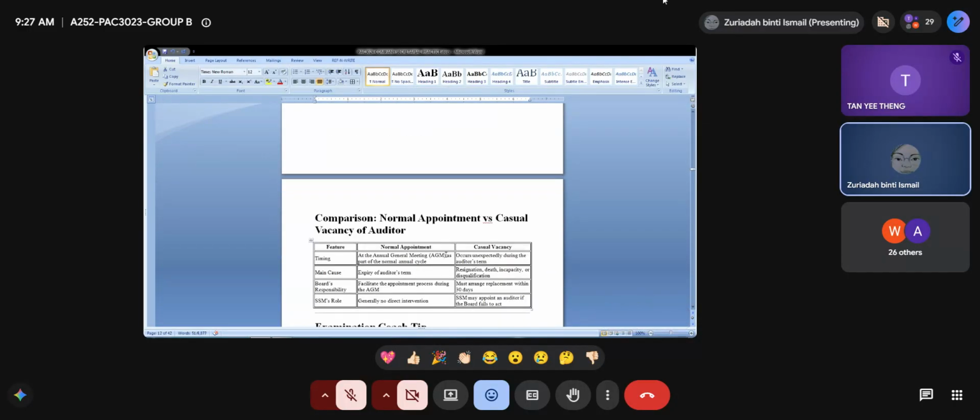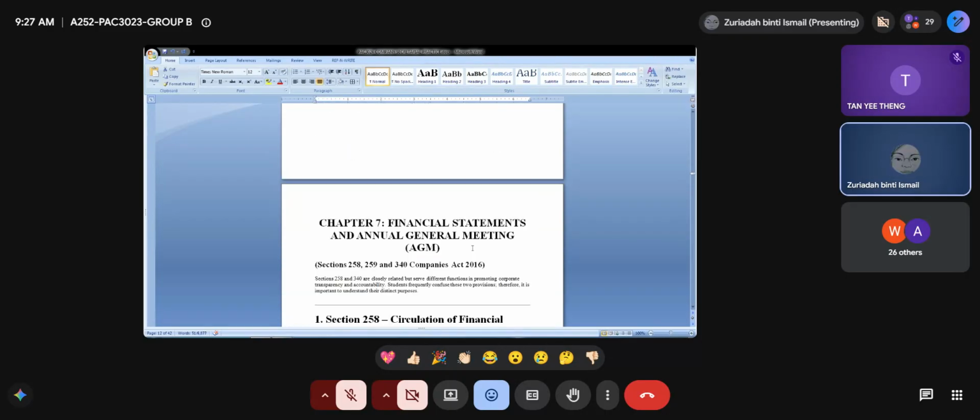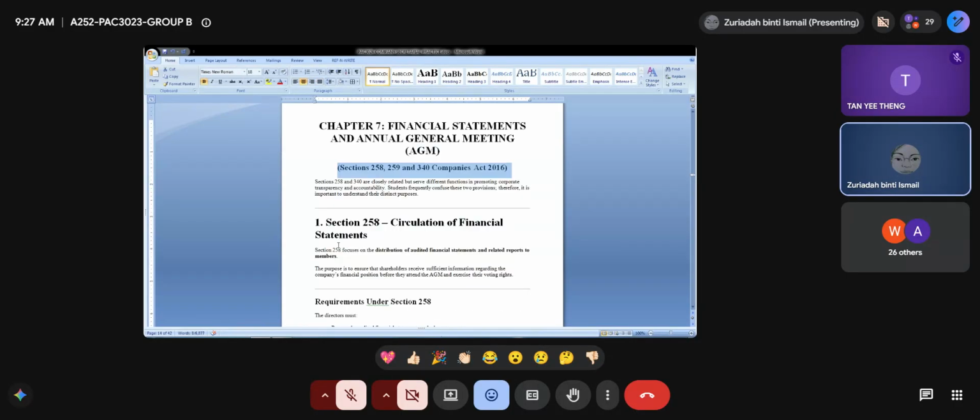Okay, right. This is the comparison between normal appointment and casual vacancy. The next is circulation of financial statement and AGM. For this matter, you have to take a look at three sections.